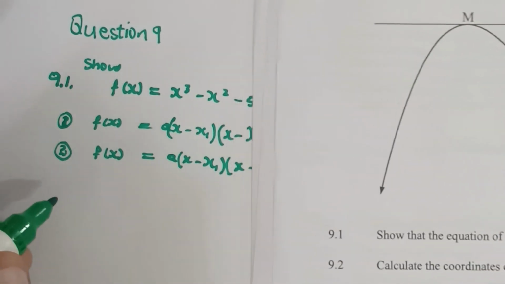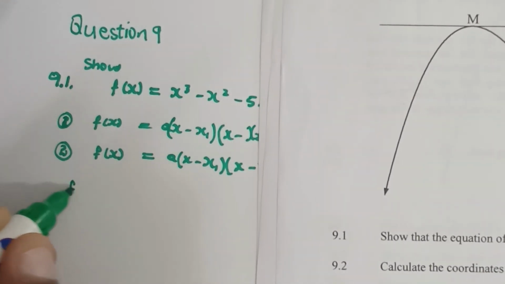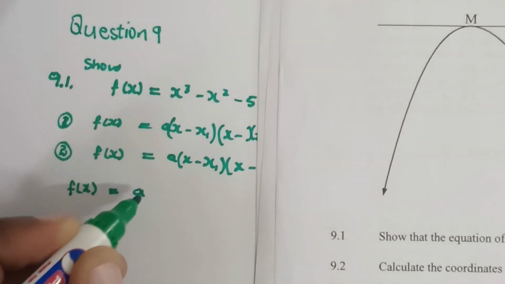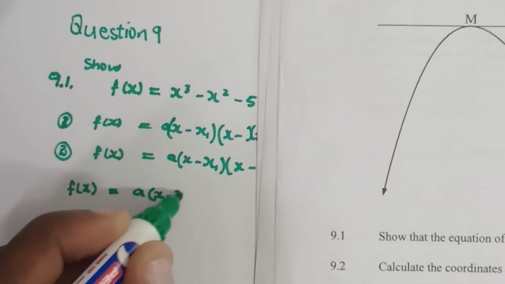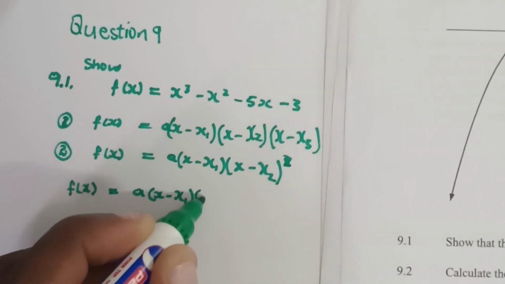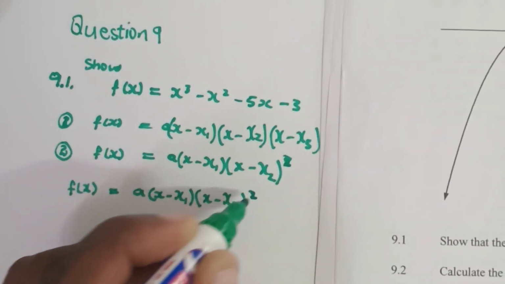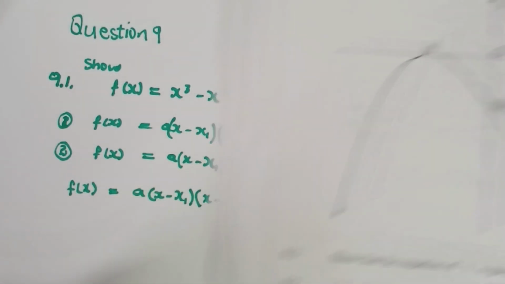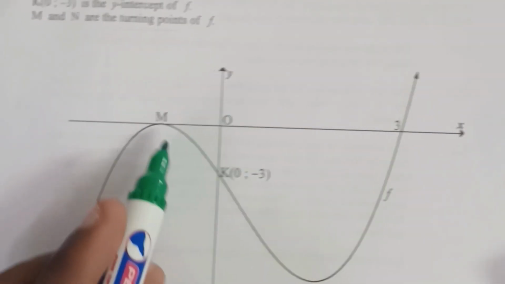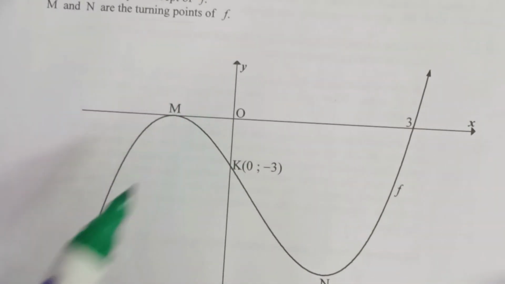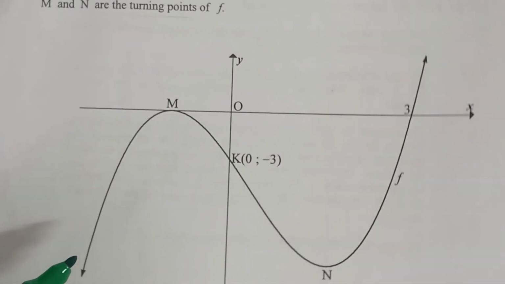So here we firstly say f of x is equal to a into x minus x1 into x minus x2, but we square that. We square it just because we have a turning point and also an x-intercept. So be mindful of that.